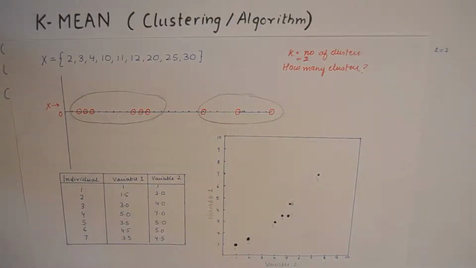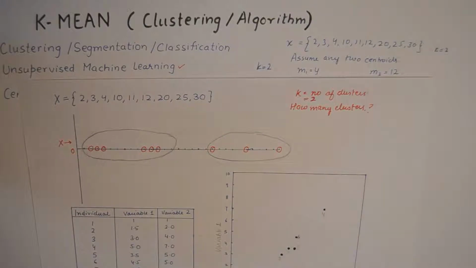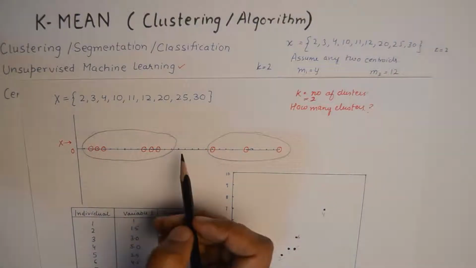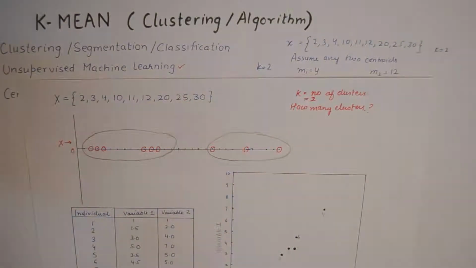But my decision is supervised by what I'm inspecting, which is marks. So I would say that I've kept a threshold of 15 as my decision making criteria, and below 15 I've put them into a different cluster, and above 15 I've put them into a different cluster.